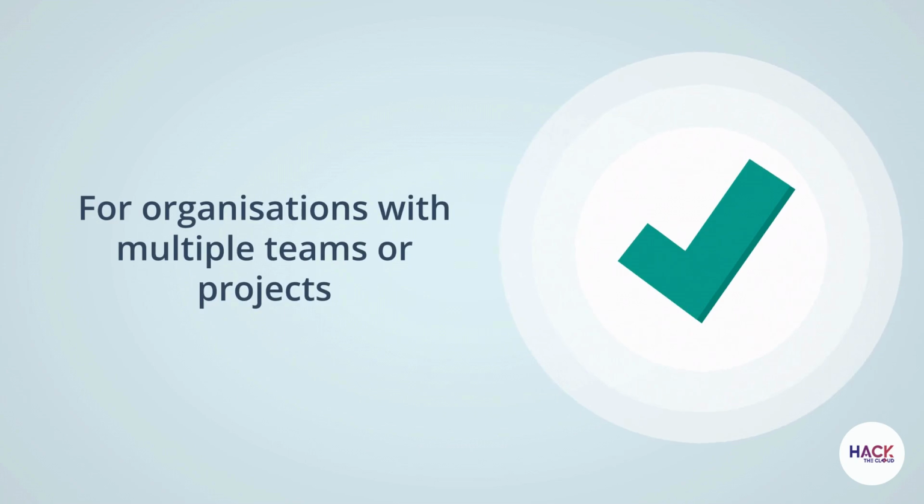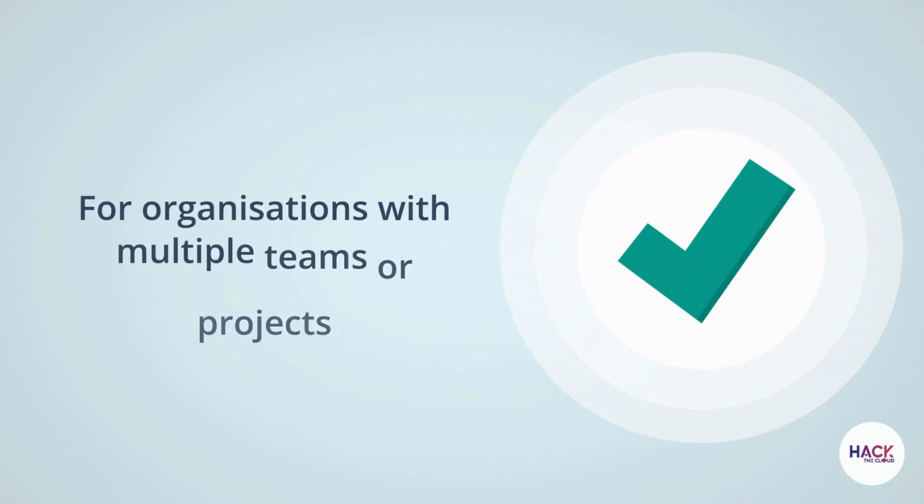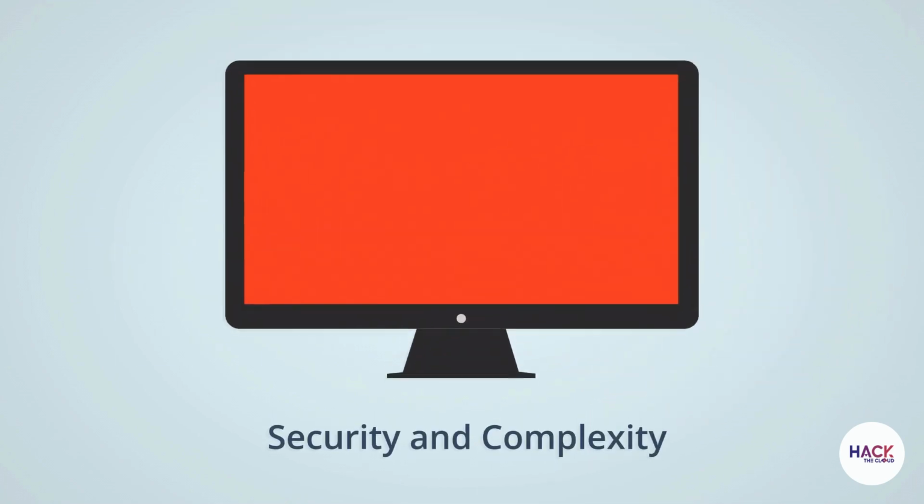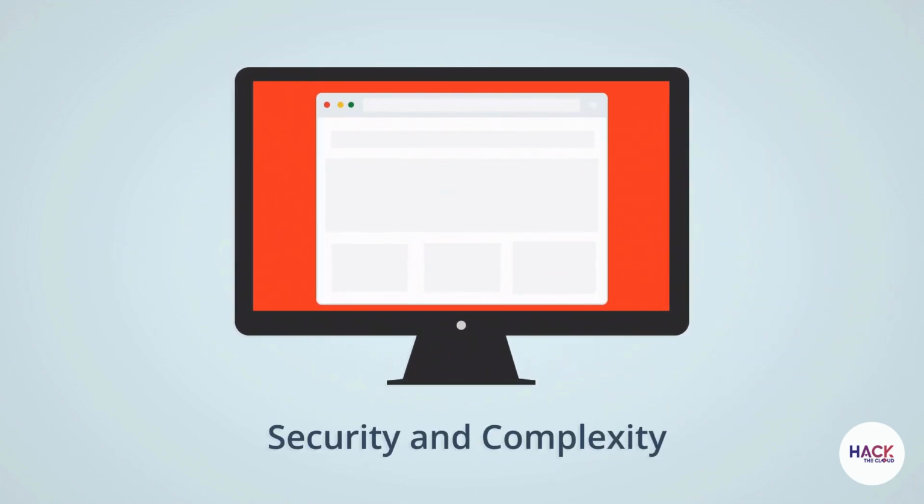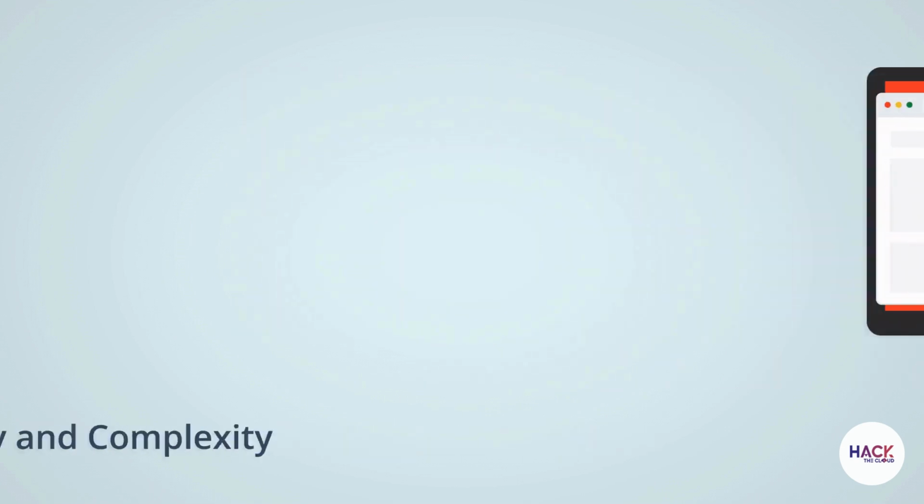Think enterprises with multiple teams or projects that need to work together, but under strict supervision. With Shared VPC, you get better security, centralized control, and less overhead since all the resources live in the same house. But remember, it's also more complex to set up, just like coordinating a family vacation.